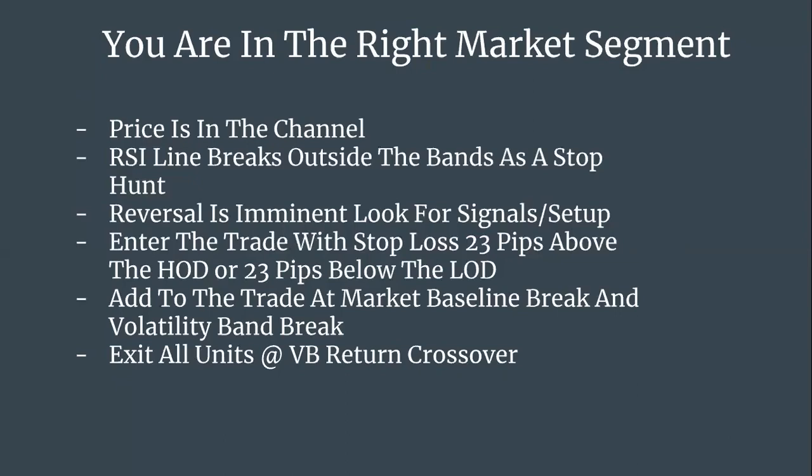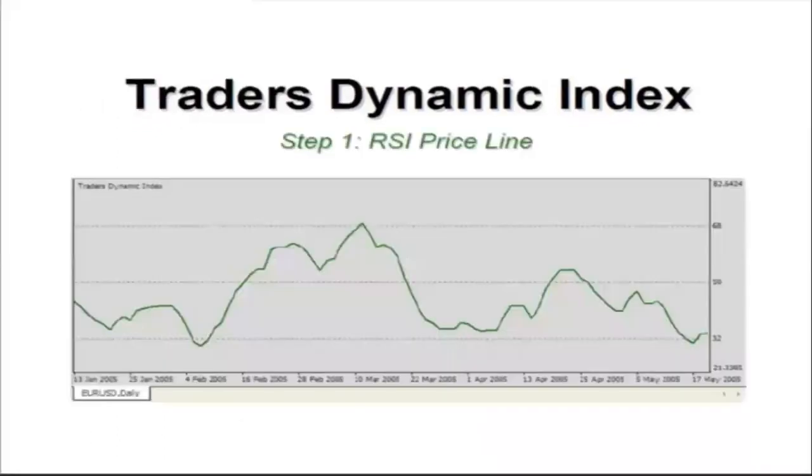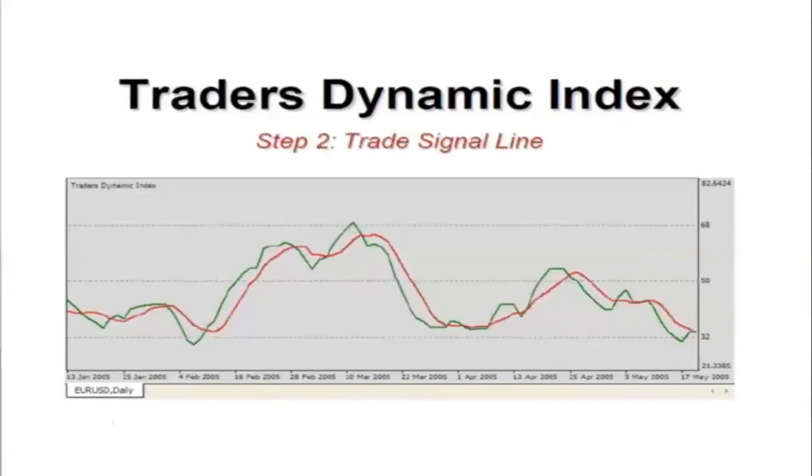So I'm going to show you this to make it more visual. TDI is a hybrid indicator developed for trend direction, momentum, and market volatility. This is the RSI line. This is what an RSI would look like if you just put it on your chart by itself. Very self-explanatory. I told you what our relative strength index looks like and what it's all about. You can also look it up. Then we have the trade signal line that's added to the chart.